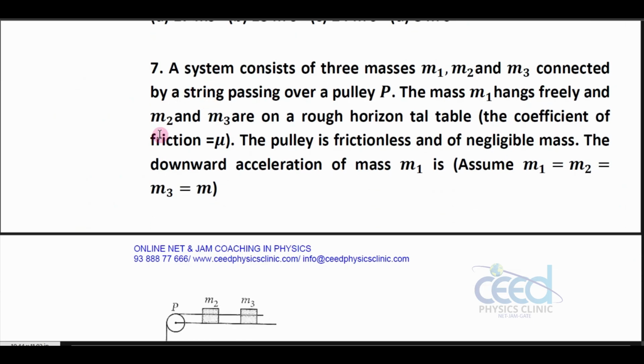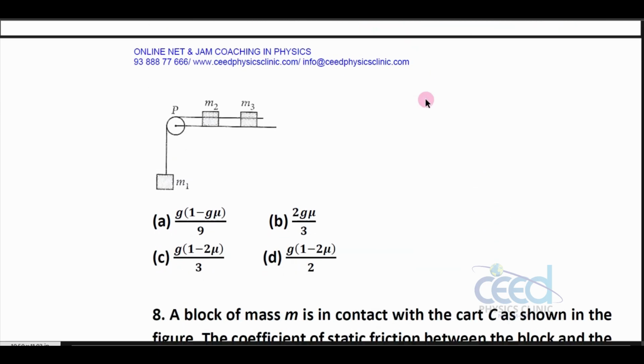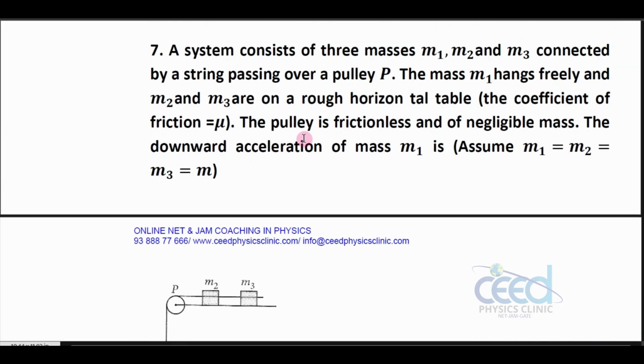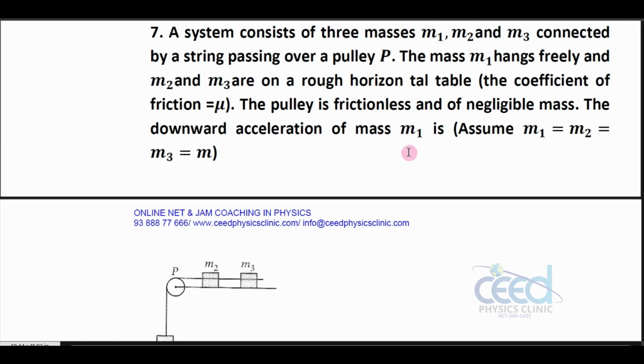A system consists of three masses m1, m2, m3 connected by a string passing over a pulley P, like this. Three masses are given. Now what we need to find: the pulley is frictionless and we need the downward acceleration of mass m1.